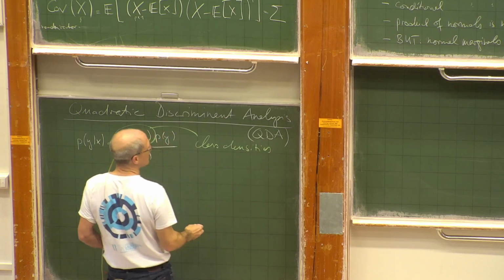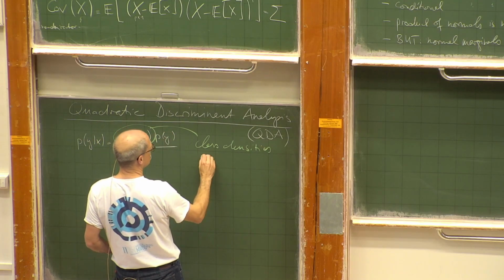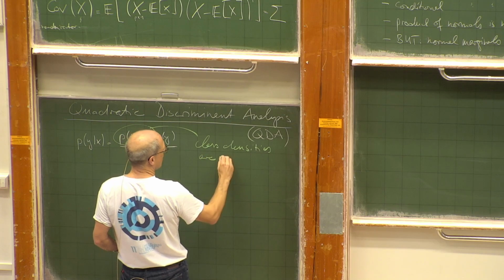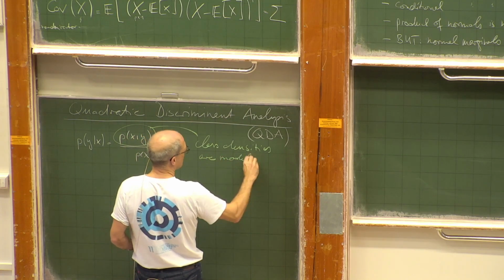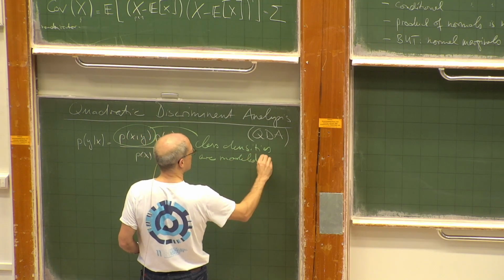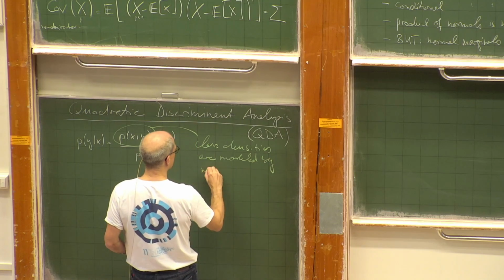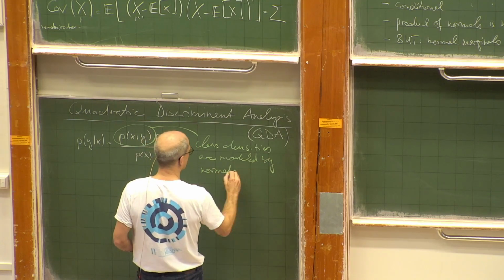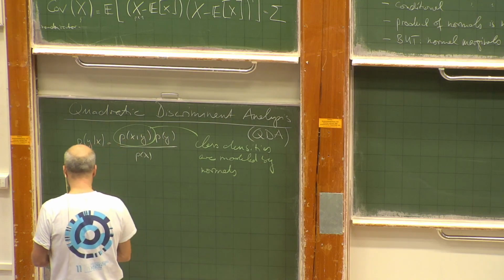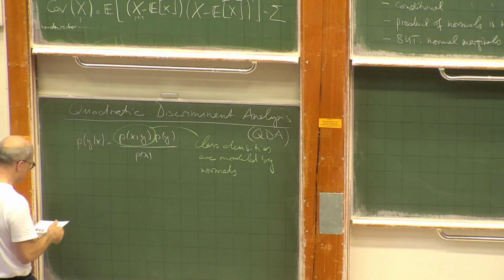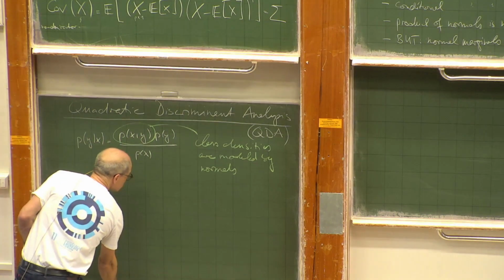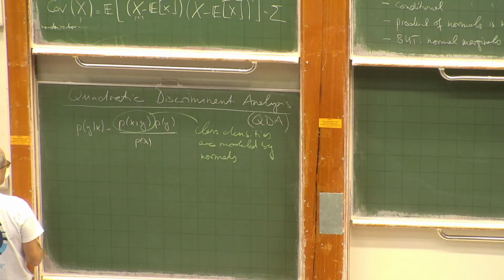And in QDA, all these class densities are modeled by normal distributions. And now we can ask for the decision boundary.